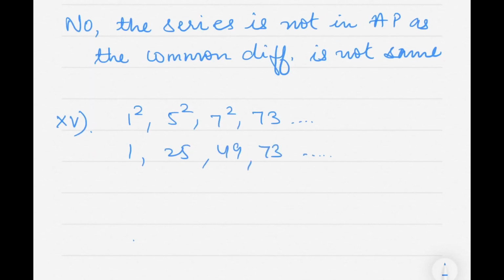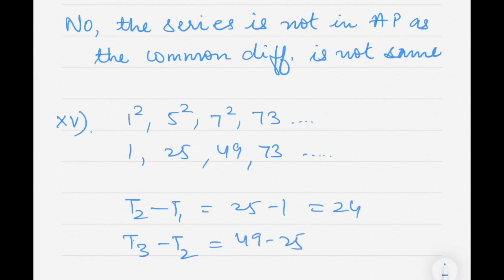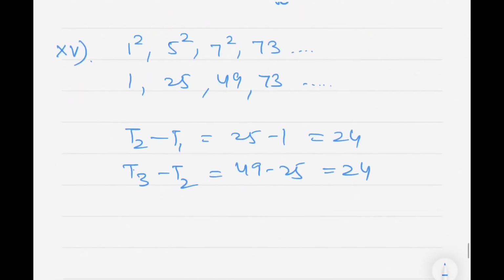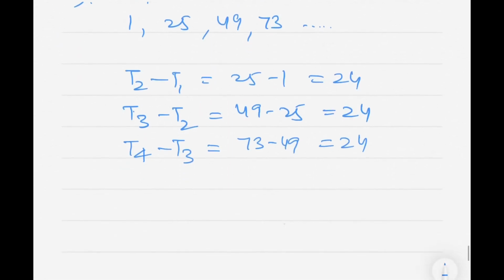T2 minus T1 gives 25 minus 1, so 24. T3 minus T2 gives 49 minus 25, so again 24. T4 minus T3 gives 73 minus 49, so this is also 24. So I can see that my common difference is the same.